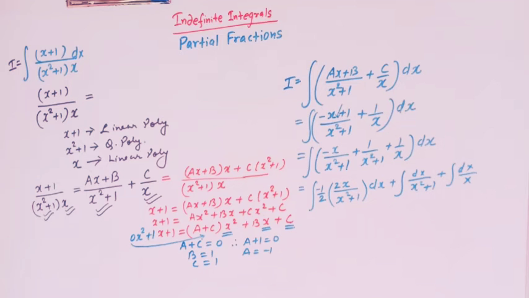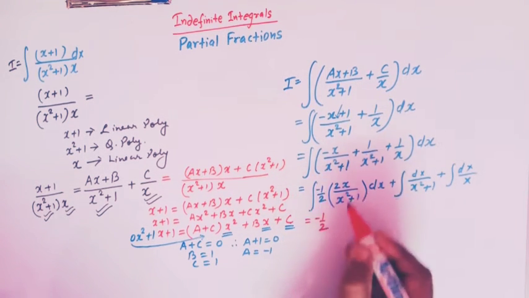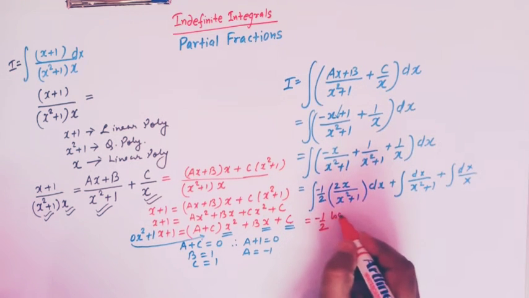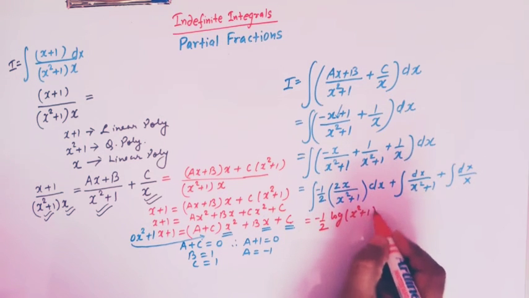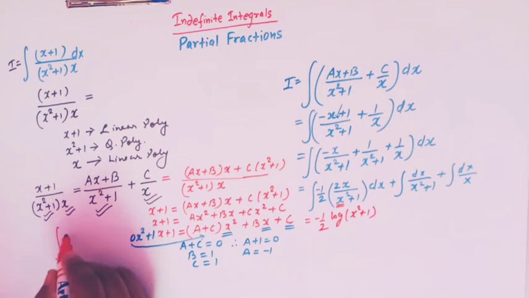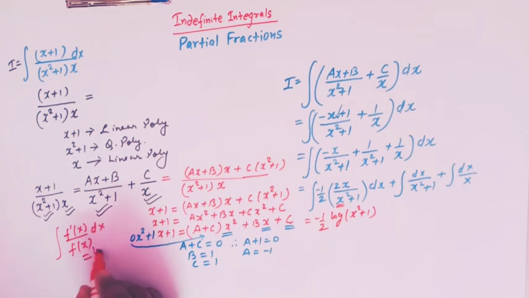So now we have minus half, and the integral of 2x over (x squared plus 1) is log of (x squared plus 1), because the derivative of x squared plus 1 is 2x. We know that if we have a function f of x and its derivative exists in the numerator, then the integral of this whole function is log of f of x.